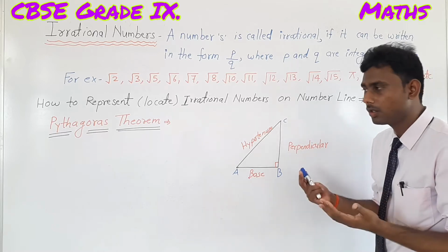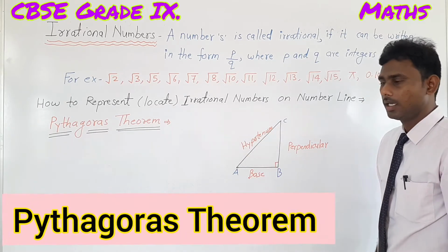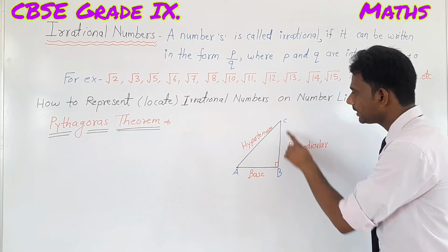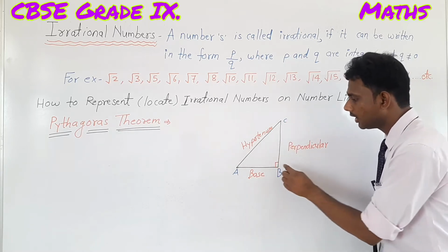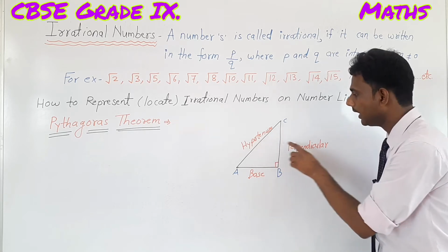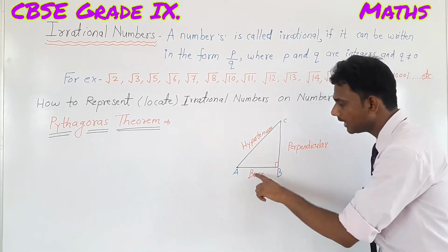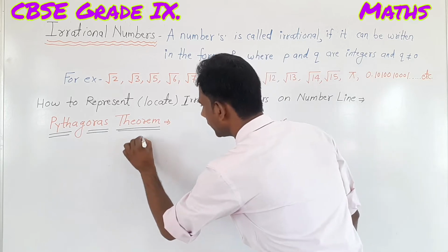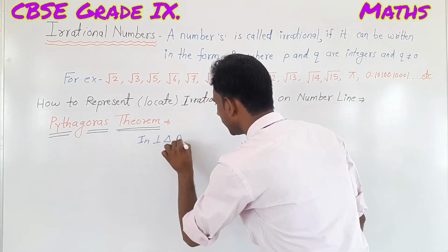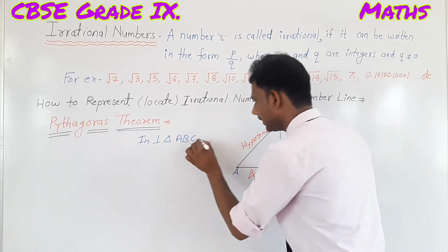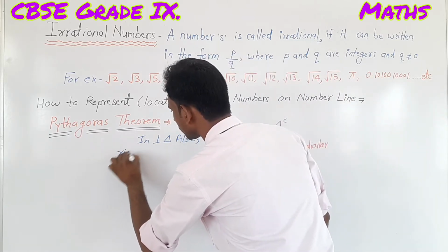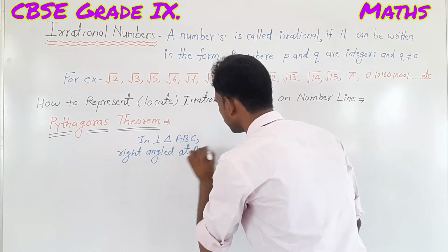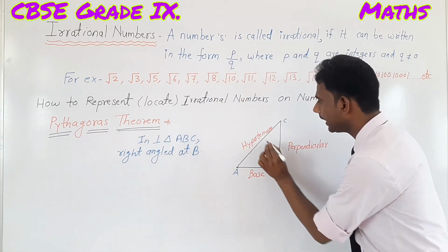Before that, we should also know what the Pythagoras theorem is. In a right angle triangle ABC, right angle at B, the side opposite the right angle is the hypotenuse, one side is the perpendicular and one side is the base.